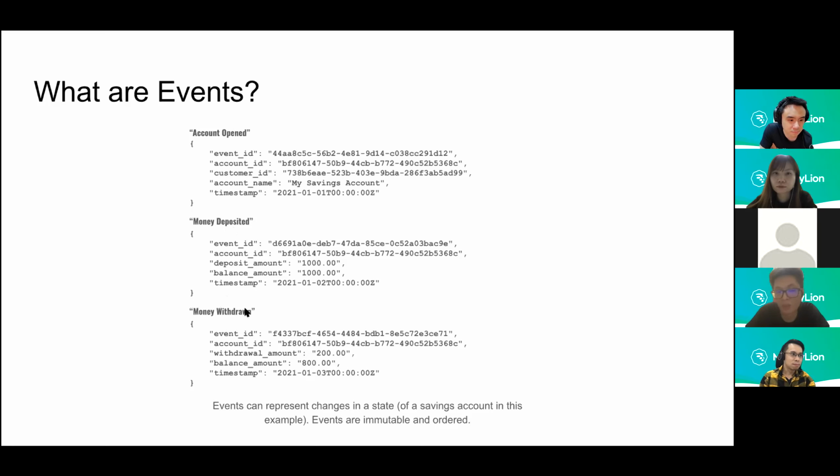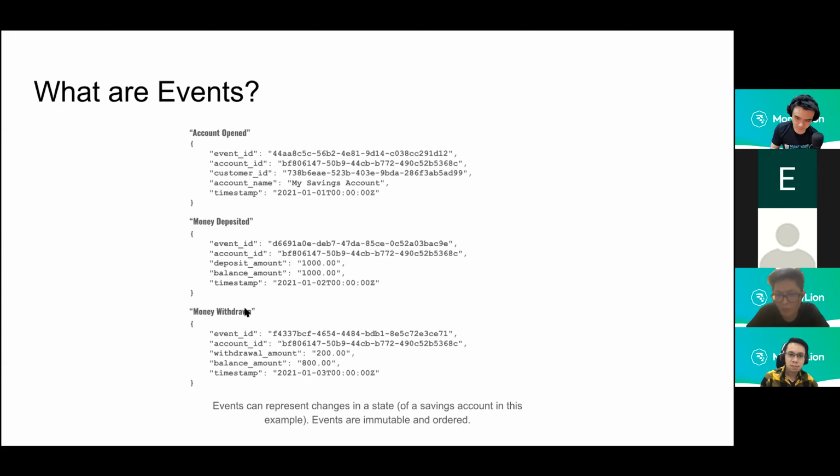Here you can see additional attributes that are relevant to this event but not present in the previously mentioned account open event, such as the deposit or withdrawal amount and the final balance after the transaction. So again, by naming the event in meaningful ways and introducing attributes that are meaningful, you could present a lot of different things. In this case, you can represent changes to a savings account, right?